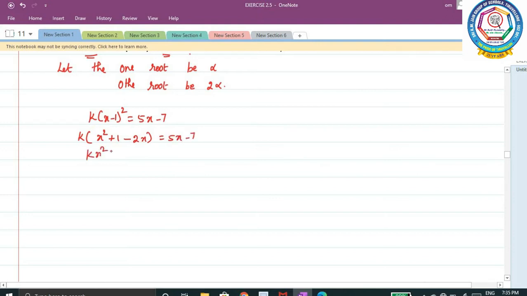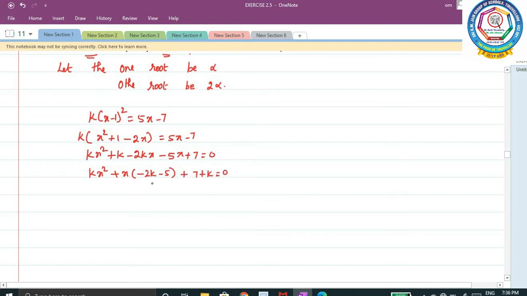So kx square plus k minus 2kx minus 5x plus 7 equal to 0. Here kx square. Here the x term is common. If I take the x term outside, remaining minus 2k minus 5, plus 7 plus k equal to 0.